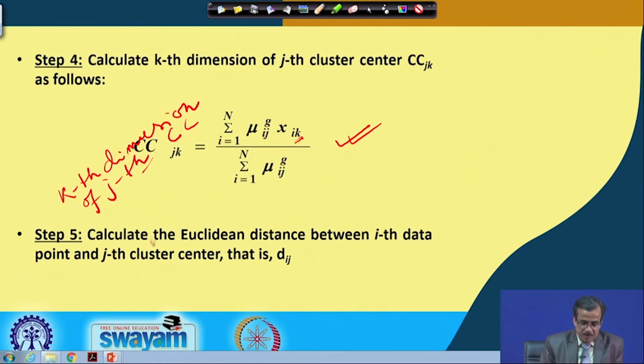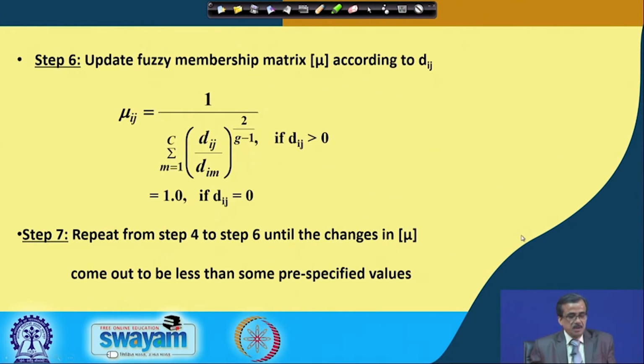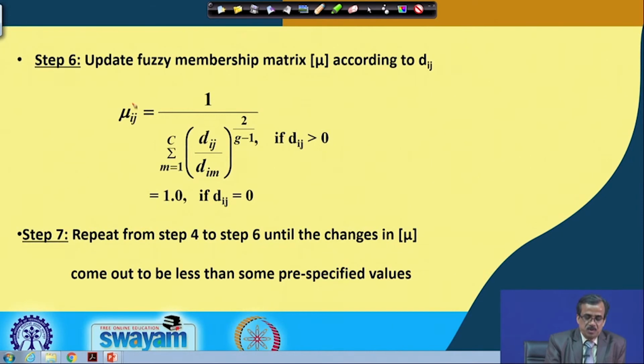Now, step 5, we calculate the Euclidean distance between the ith data point and the jth cluster center, and that is nothing but dij. Then step 6, we try to update the membership value of the ith data point with respect to the jth cluster center, that is mu ij.